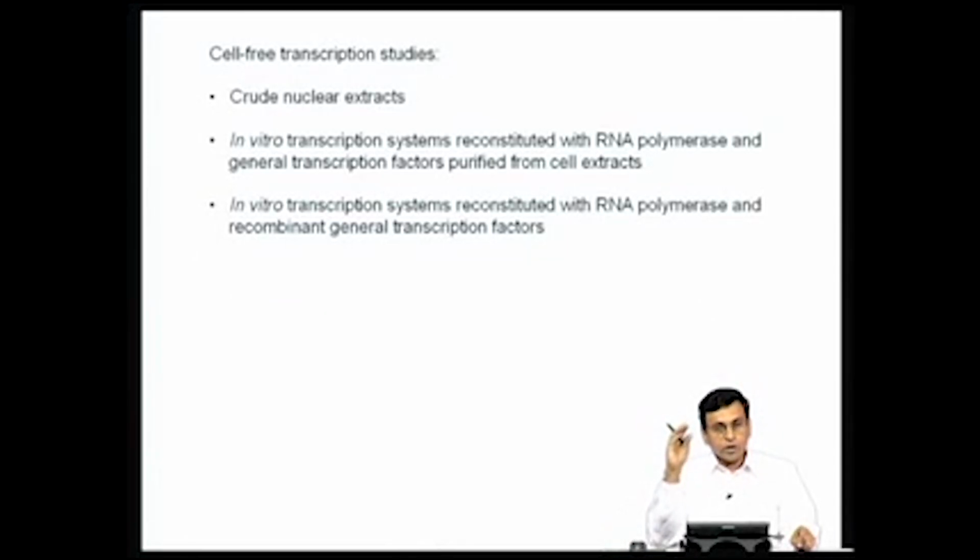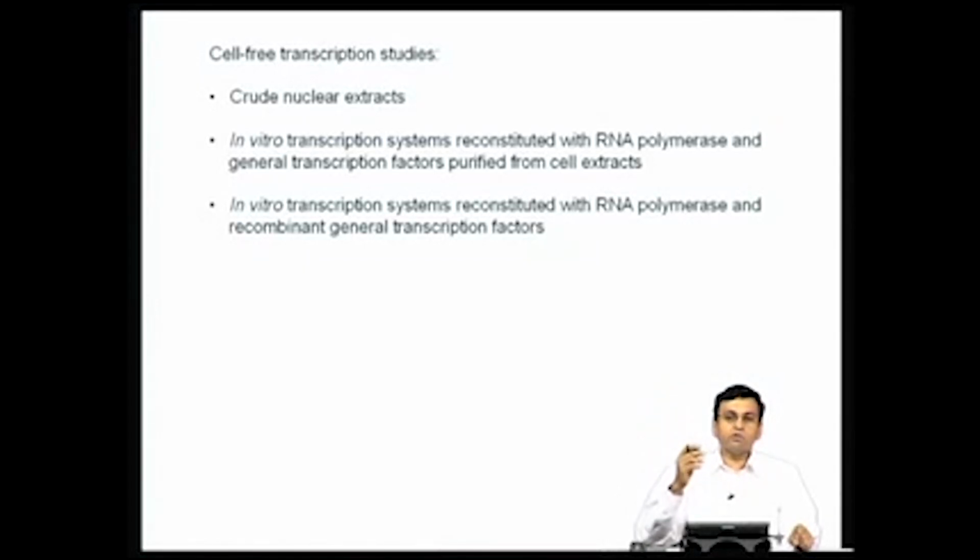Just like I told you, the euchromatin and heterochromatin studies clearly indicated that chromatin structure has a role in gene regulation. In the same way, cell-free transcription studies also gave some clues that chromatin structure plays a very important role in regulation of gene expression. We discussed in the last classes how the cell-free transcription studies were performed.